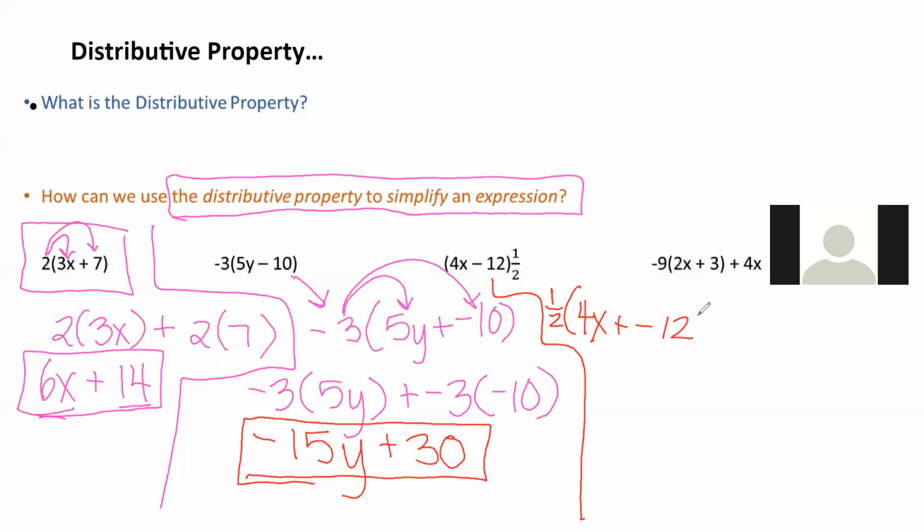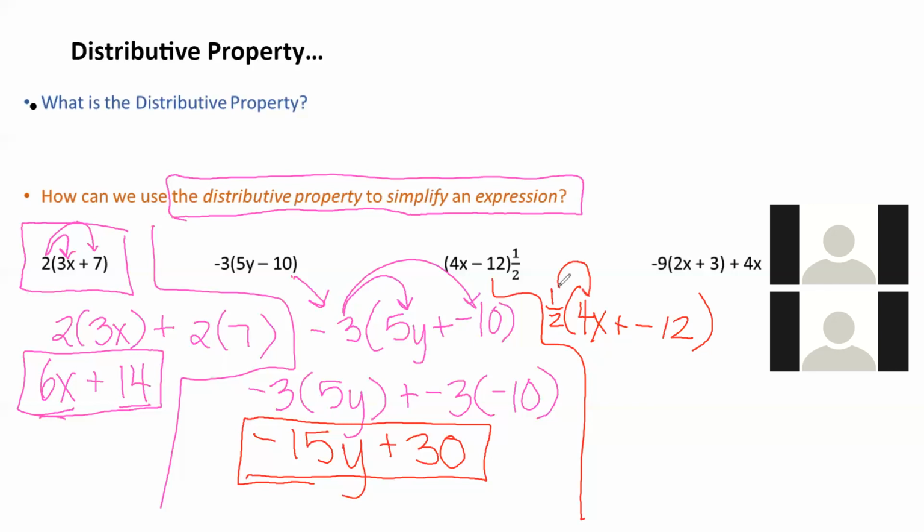And guys, don't forget, when you are multiplying by half, that's the same as dividing by what number? If you multiply by a half, that's the same as dividing by what number? What do you guys think? By 2. By 2, yes, very good.